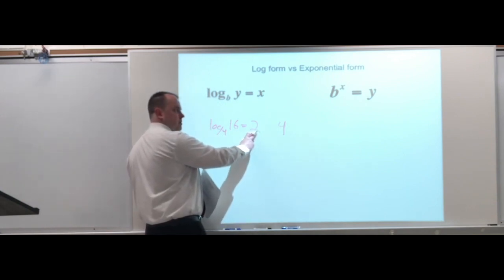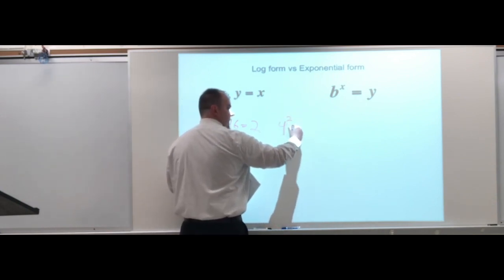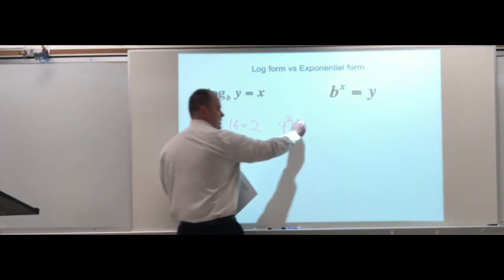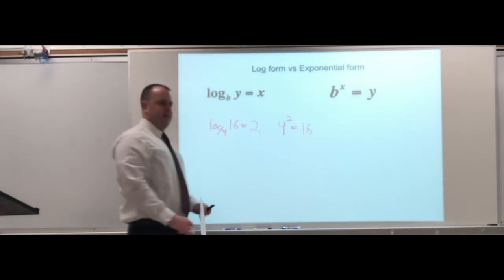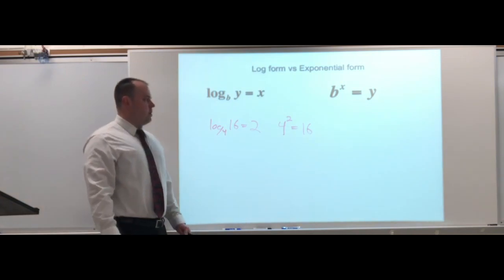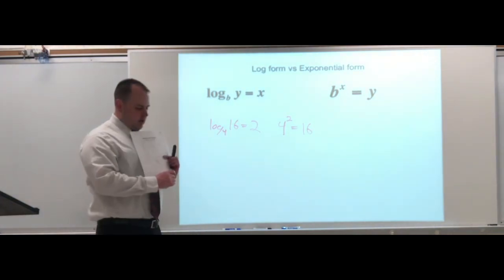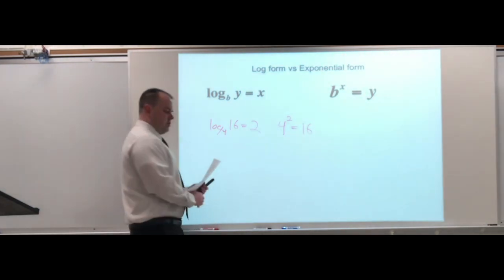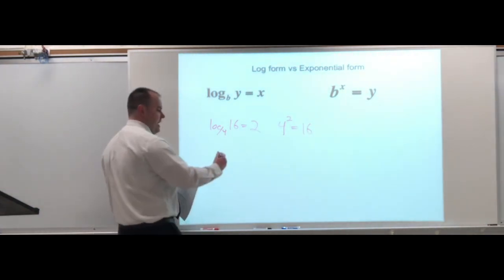What it's equal to becomes the exponent. And the whole number, that 16, goes by itself on the right-hand side. And it's a true statement. 4 squared equals 16. So I wouldn't worry too much about what the values are. Worry about just moving things into the correct spots.